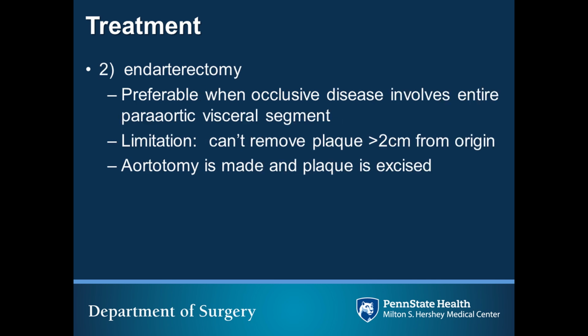Endarterectomy is a viable treatment option when the occlusive disease involves the entire para-aortic visceral segment. This cannot be used when the plaque is greater than 2 centimeters from the origin, in which a bypass is the preferable treatment option. In this therapy, an incision is made within the aorta, and the plaque is then completely excised, and the incision is then repaired.